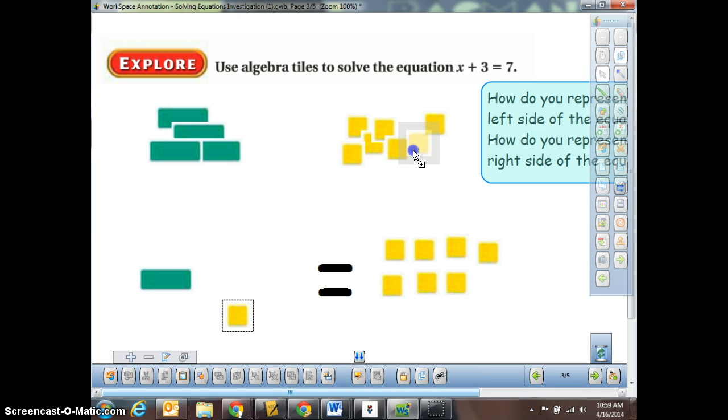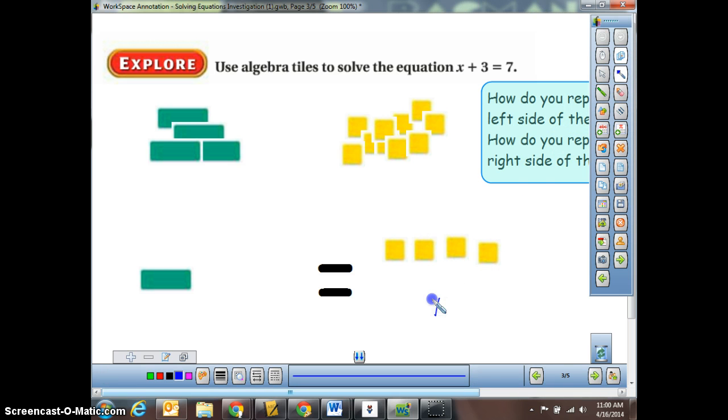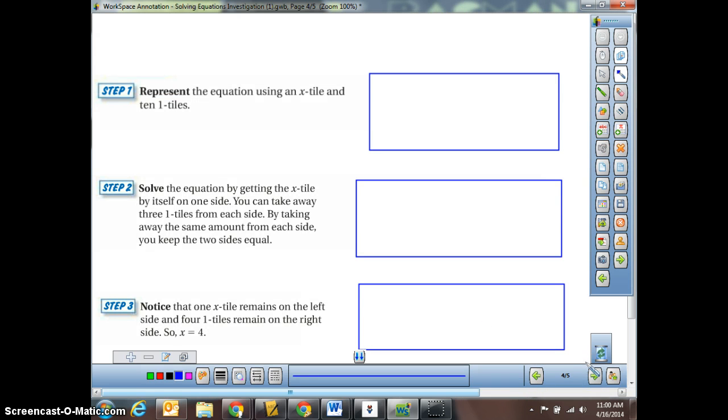If I take 3 away from this side, I also need to take 3 away from this side. When I do that, I am left with 1x is equal to 4. So x equals 4. Perfect. That's exactly what we got down here in our step 3.